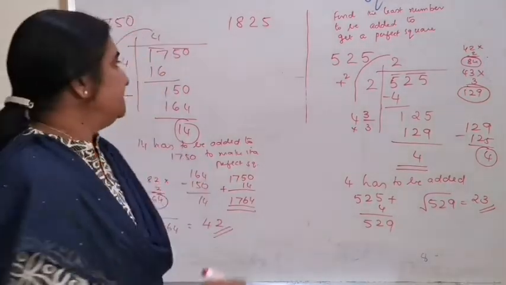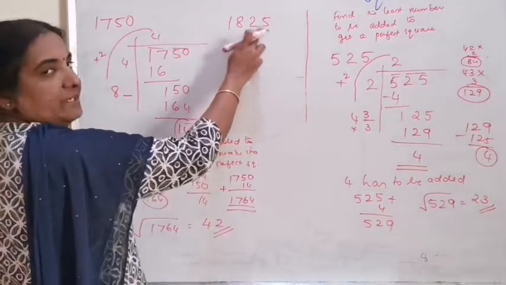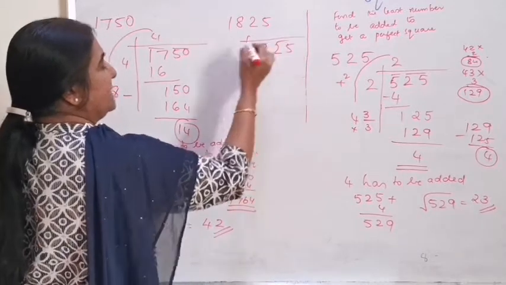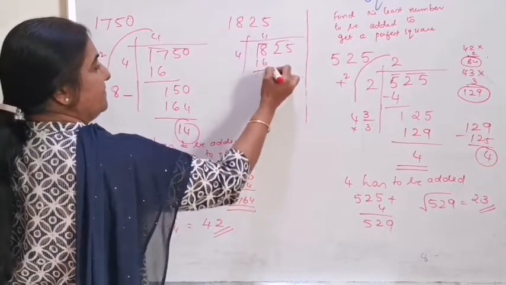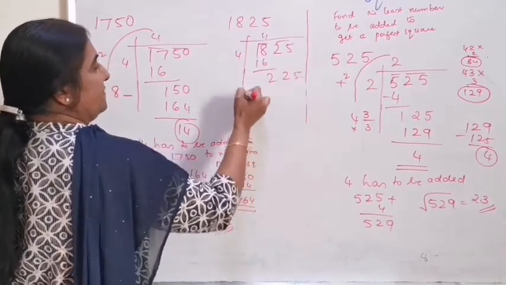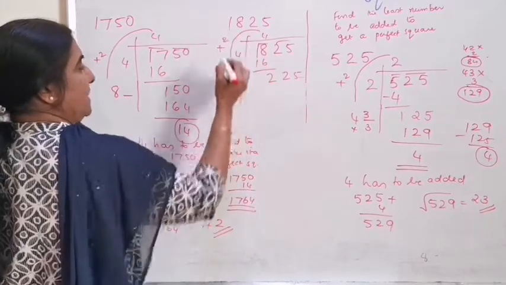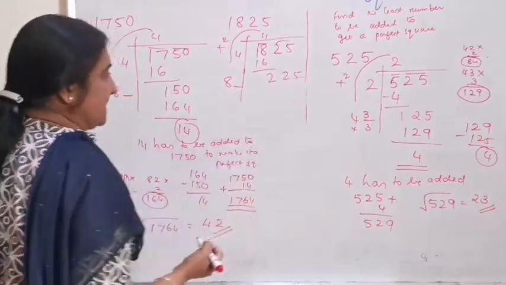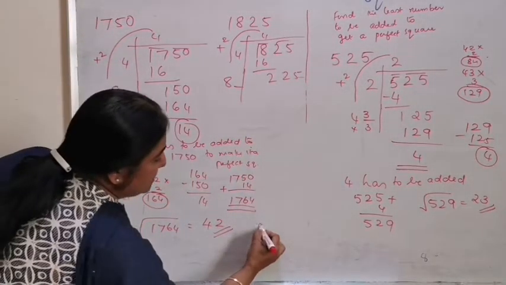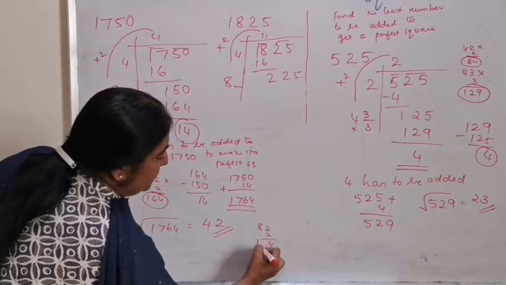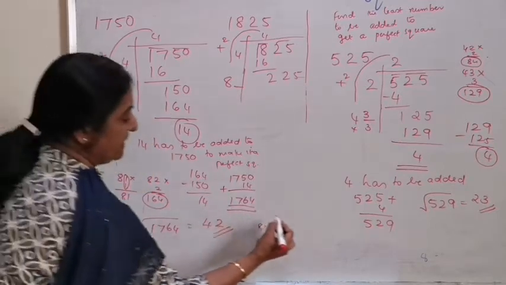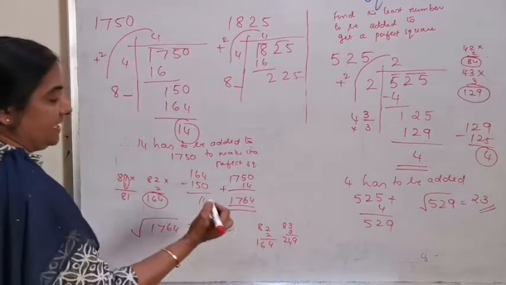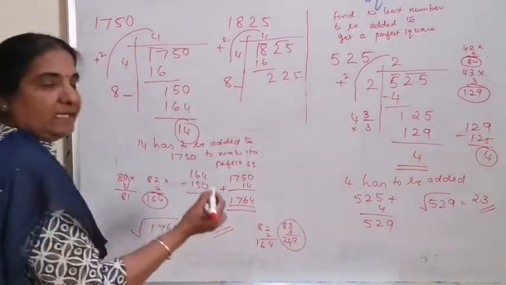The next one, 1825. What is the least number to be added? 4 fours are 16. 225. Double of 4 is 8. 82 into 2 is 164, a smaller number. 83 into 3, 3 3s are 9, 249. The next bigger number.